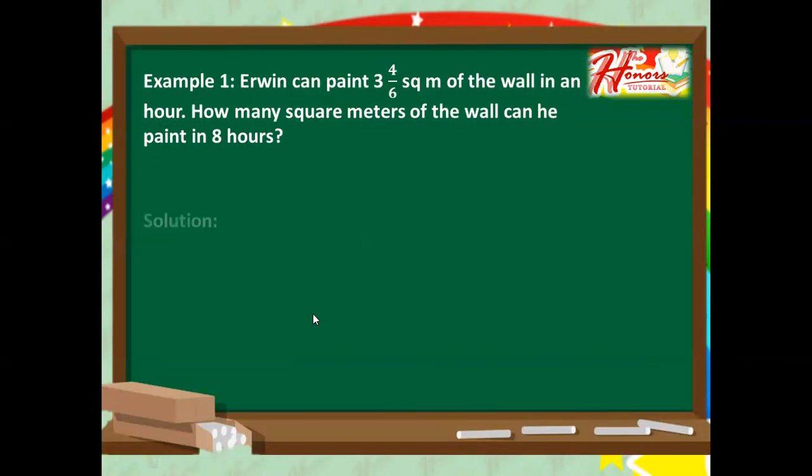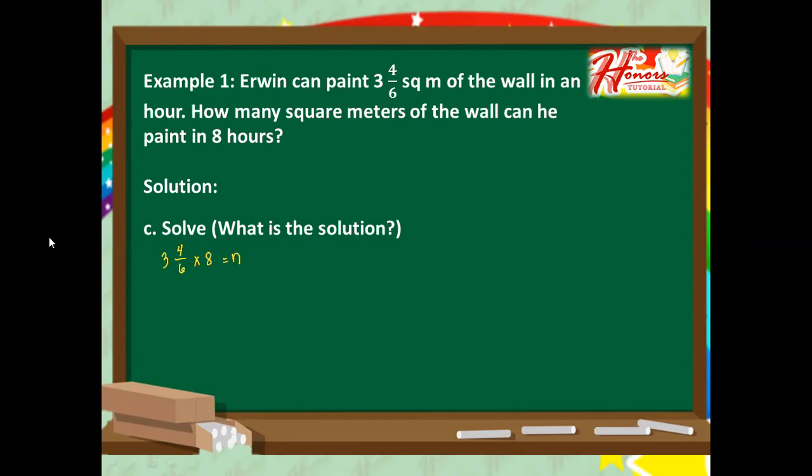Next. So we have here solve. What is the solution? So in here, we will be using the equation that we have earlier. So that is 3 and 4 over 6 times 8. If you want to have equals n, no problem with that. Then, for us to solve this, we have to convert this mixed number into improper fraction.